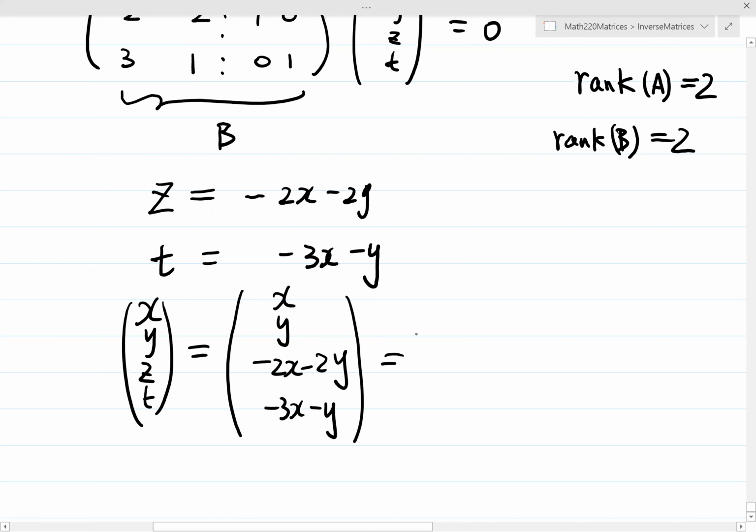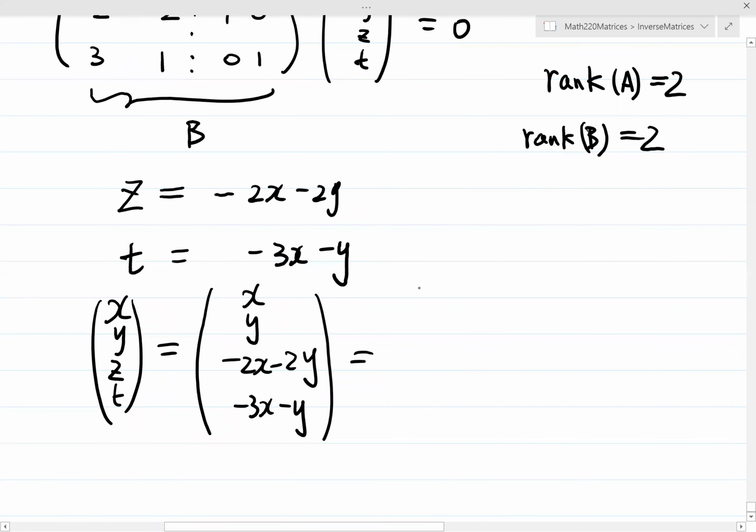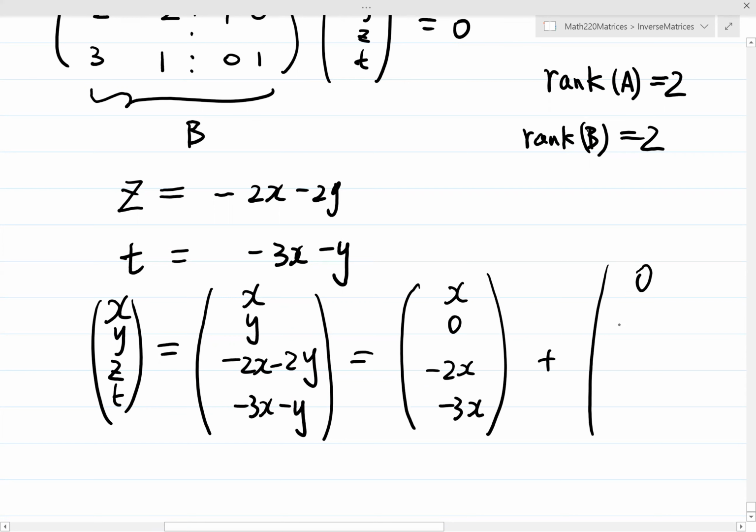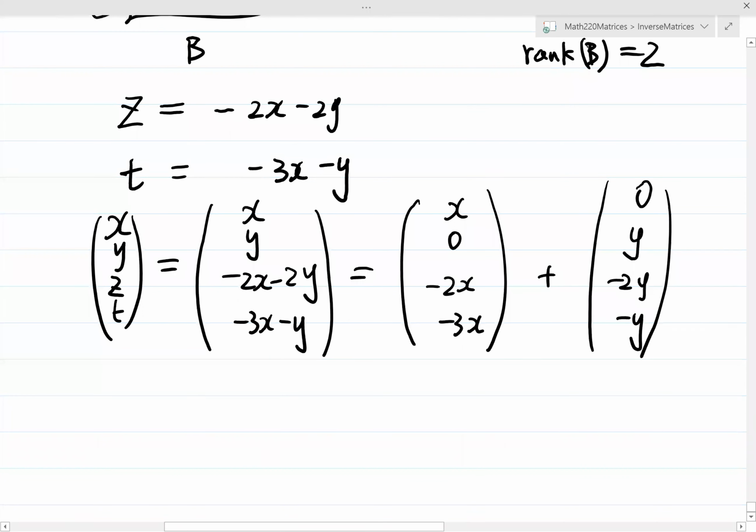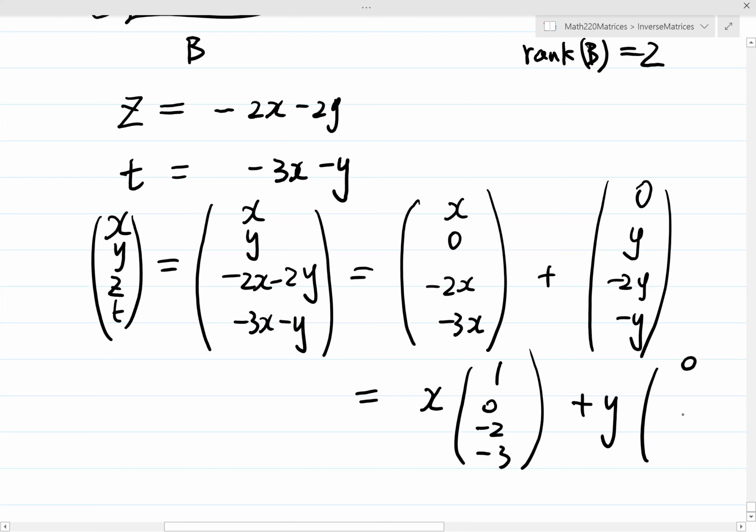Then we separate the variables. The terms that have x are x, 0, negative 2x, negative 3x. Then we separate the y terms: 0, y, negative 2y, and negative y. So this will be x factored out, and then we factor out y.